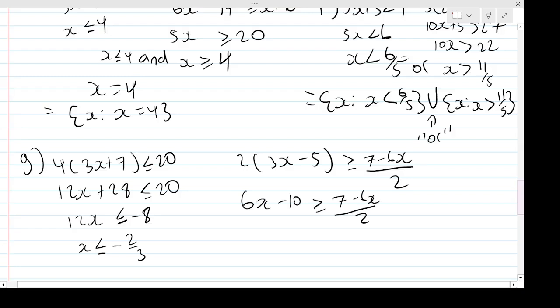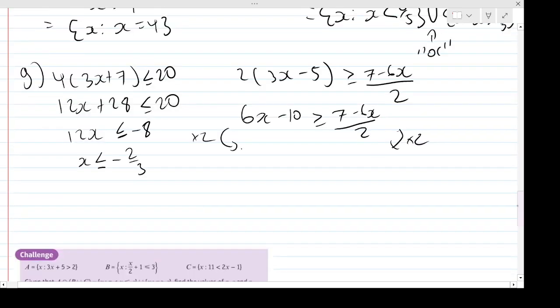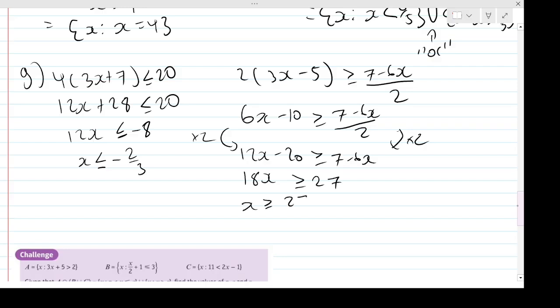Now, I do not like this fraction, so I'm going to multiply both sides of the inequality by 2 to get rid of it. If we double everything, we get 12x minus 20 greater than or equal to 7 minus 6x. Then we can add the 6x to get 18x, and add the 20 to get greater than or equal to 27. Then x is greater than or equal to 27 over 18. I don't think that would simplify. Oh, it does: 3 over 2.